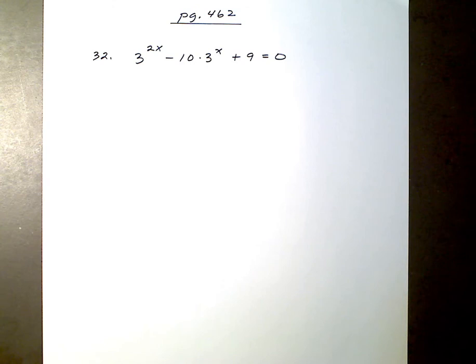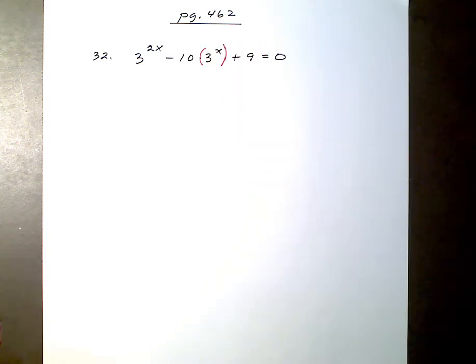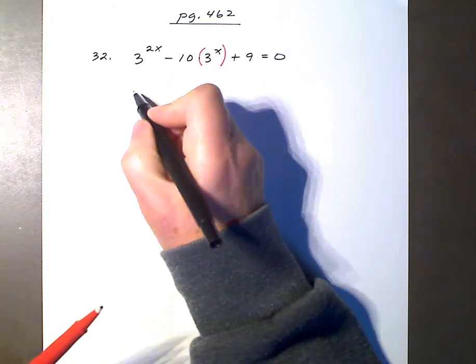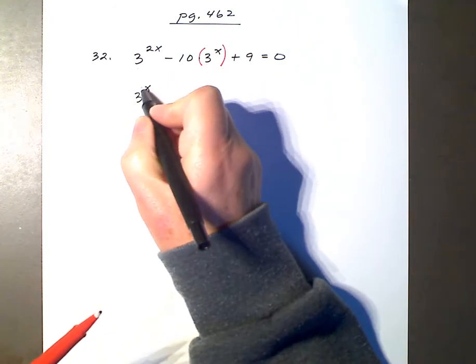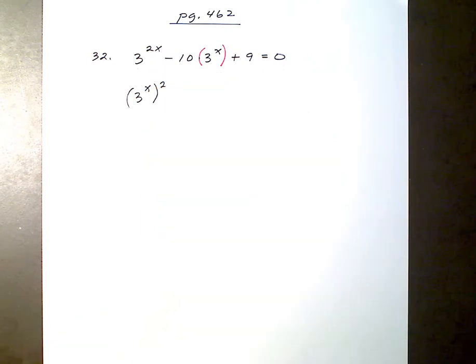But this is kind of the interesting thing about this little problem: it's hard to see maybe at first, but this is actually in quadratic form. This 3 to the power of x, I can look at this first term as 3 to the power of x squared, right? The 2 and the x are interchangeable in the order.